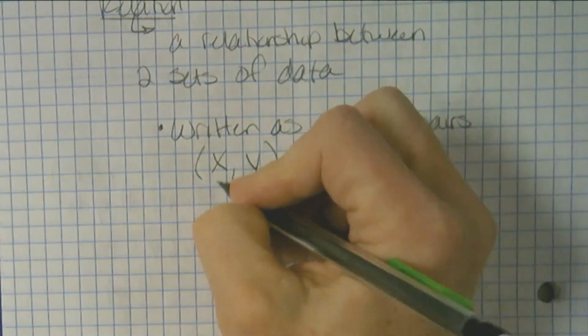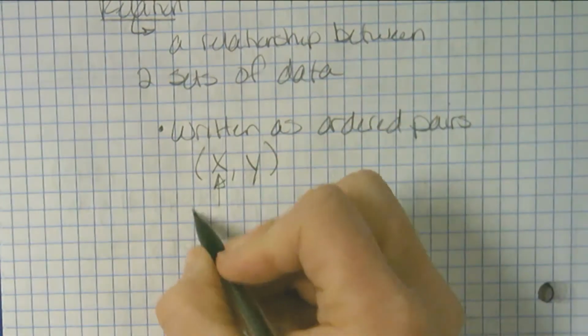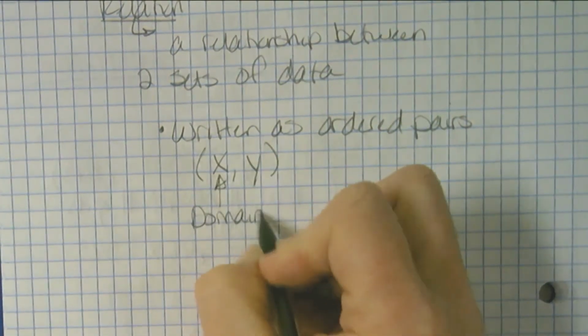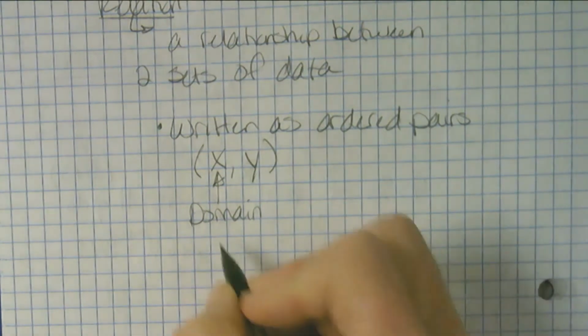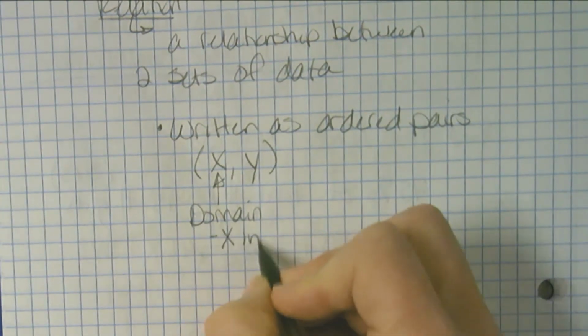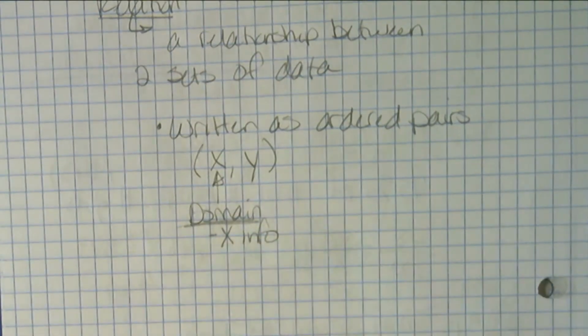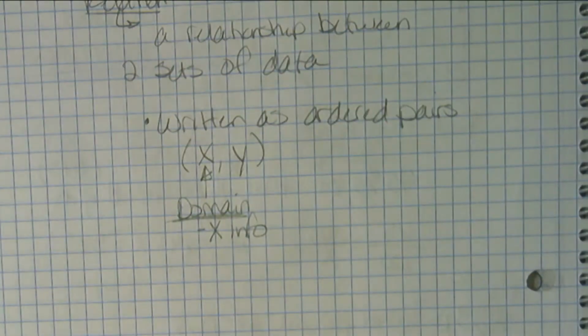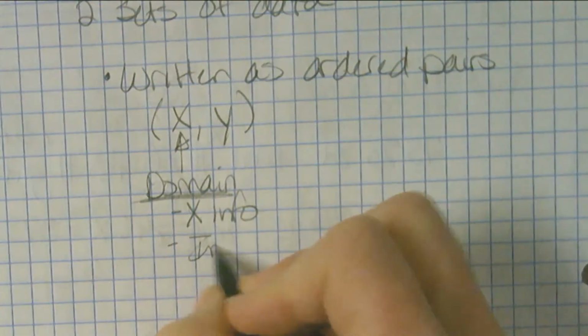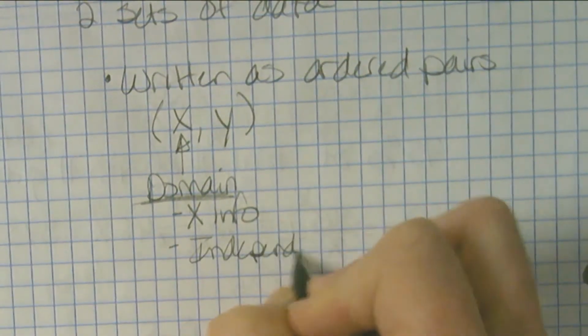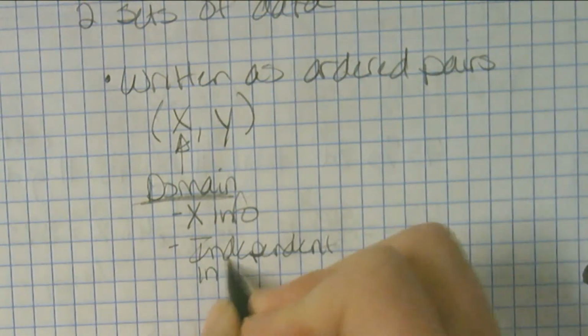Our x information is always called our domain. So our domain is always our x info. I don't think I've used that word before, domains. Is this the first time you've heard that word from me? Okay. So domain is always your x information. It's also your independent information.